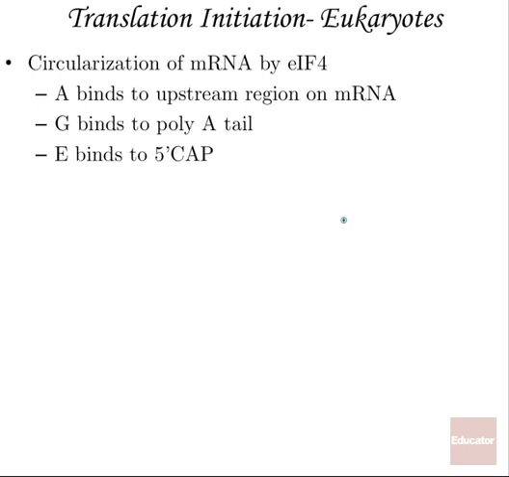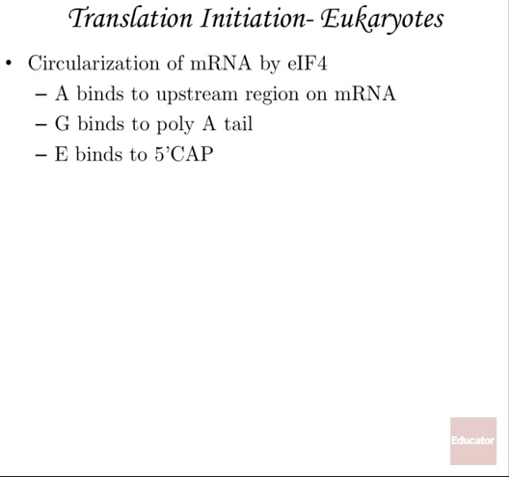All right. Now, part of eukaryotic translation initiation is the circularization of the mRNA. And this occurs via a complex called EIF4, and it's EIF4A, EIF4G, EIF4E. So EIF4A will bind to the upstream region of mRNA. And let's draw this out as we're talking about it.